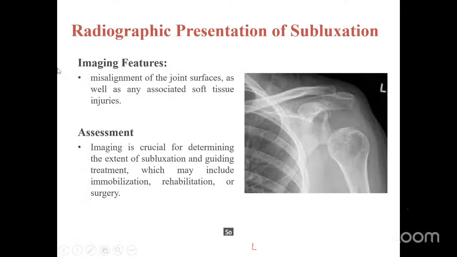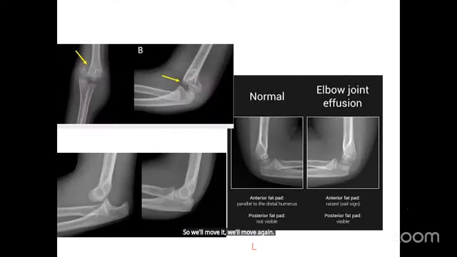So we'll move again. If you have these images, this is another pathology of the upper limb. Is this radiograph complete? What can you say about these images?